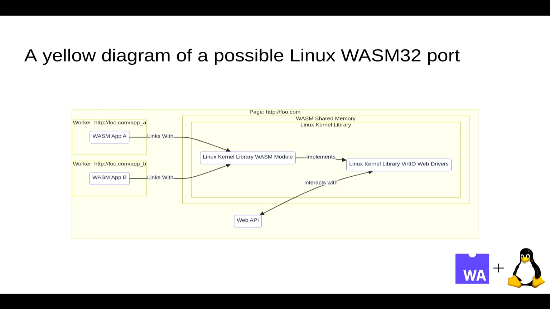A bit out of scope for the graphics room, but there are certain WebAssembly standards that allow you to isolate certain memory regions to the application and to the kernel module and have some regions shared between them. And then we could probably leverage the Virtio stack and have it interact with the browser APIs and have your browser basically be your virtual machine. So that's probably how it would look.